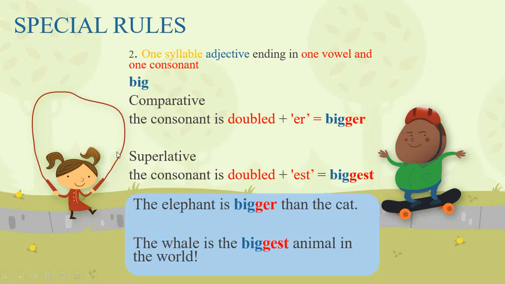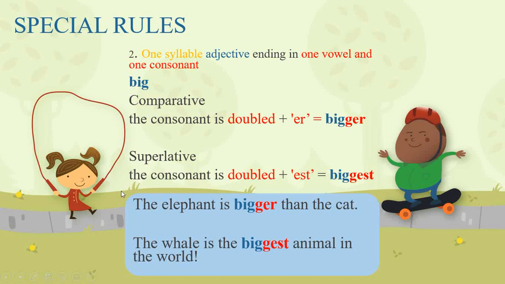Now, for the superlative form of the adjective big, the consonant is going to be doubled too, but we're going to put in the end EST. Then the superlative form for the adjective big is going to be biggest. Biggest with double G.